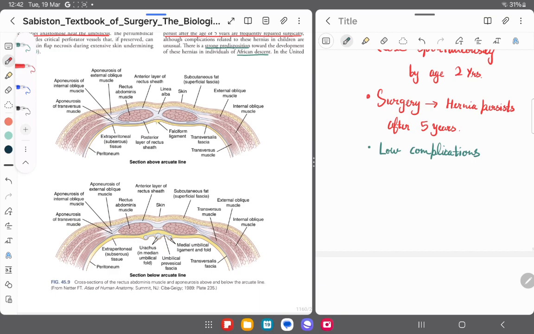Below the arcuate line, all three muscle layers form the anterior rectus sheath and do not go into the posterior rectus sheath. The posterior rectus sheath below the arcuate line is formed by the peritoneum and transversalis fascia, and this is the urachus in the medial umbilical fold, and this is the medial umbilical ligament and fold.